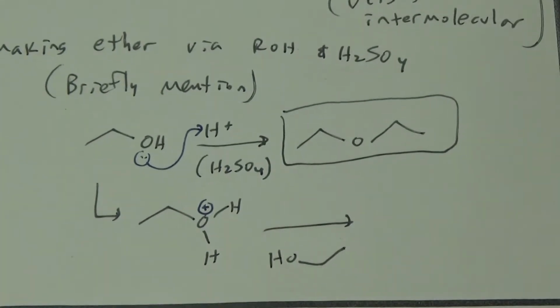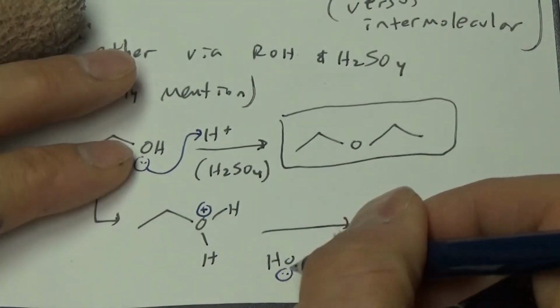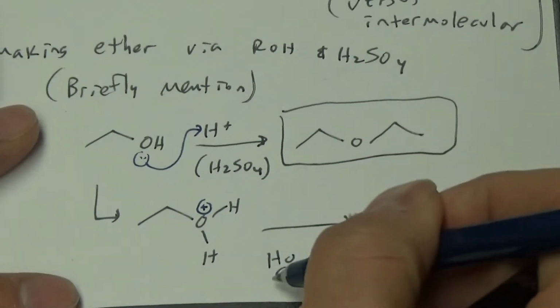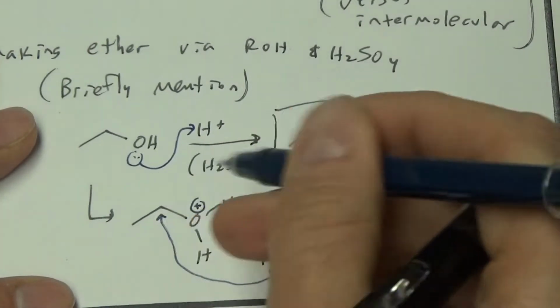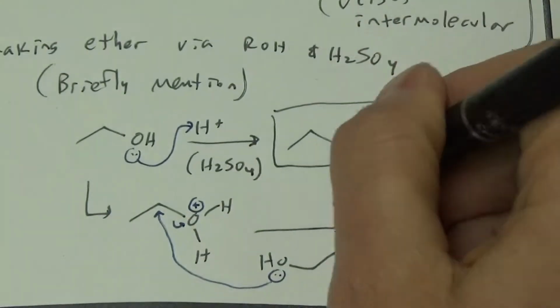And then another one reacts as a nucleophile. So this is going to be the electrophile, this is going to be the nucleophile. This one attacks, kicks off the other one as a leaving group, and you make the product.